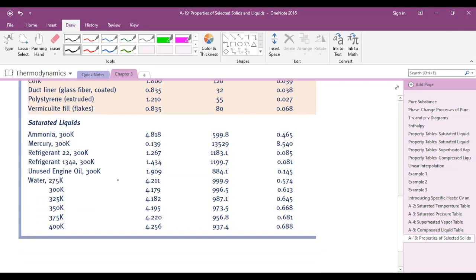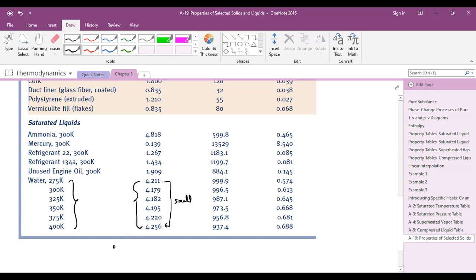You can see at the end water at different values of temperature. Specific heat mainly depends on temperature. However, the variation of the specific heat with respect to temperature is relatively small. You can see at a temperature of 275 and at a temperature of 400 we have a difference of 125 degrees, and the variation is from 4.211 to 4.256.